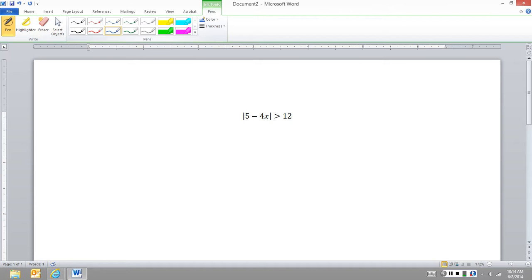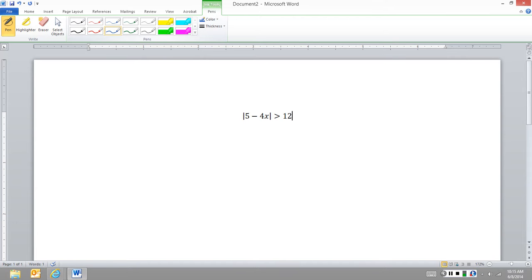That's generally true for inequalities, but obviously with inequalities you also have to deal with the sign. So you can see that this inequality is greater than our k, our number alone here. So that means that we are going to use case 2.